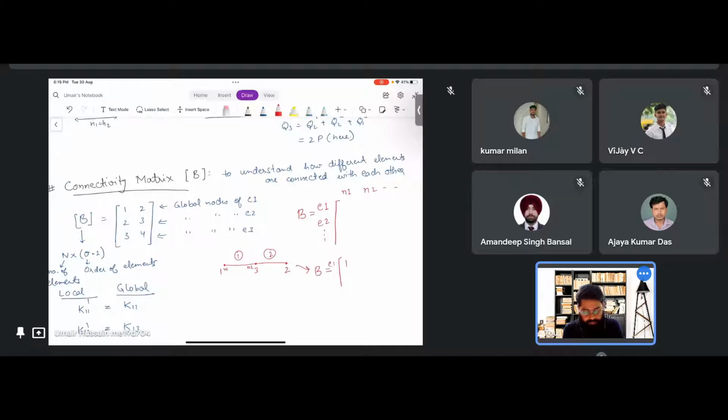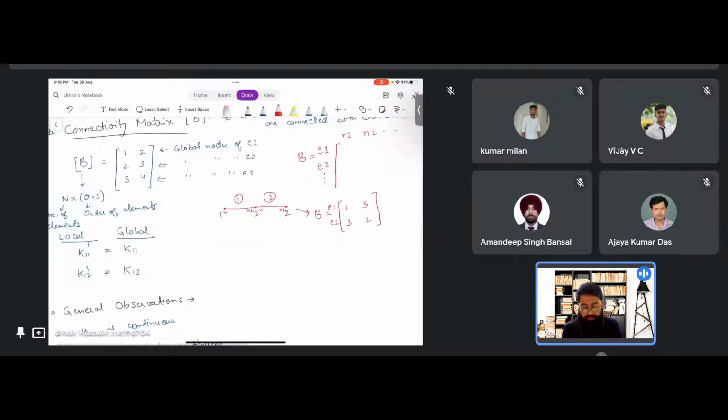Okay, I have written 1, 3, 2 deliberately to get something different. There's no hard and fast rule on naming the nodes. It's easier if we do it like 1, 2, 3, but there's no rule limiting us from doing otherwise. For the second element, what is the first node? Then we can write 3, 2. This is our B for this case.